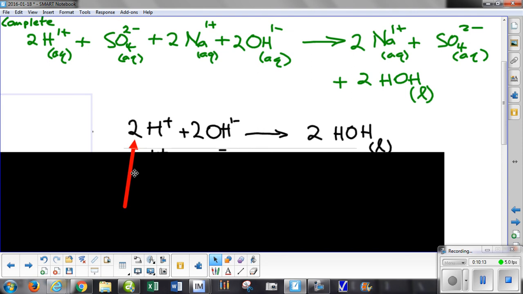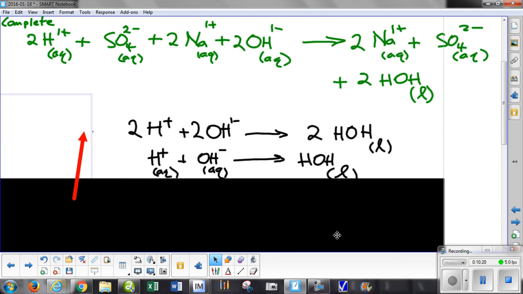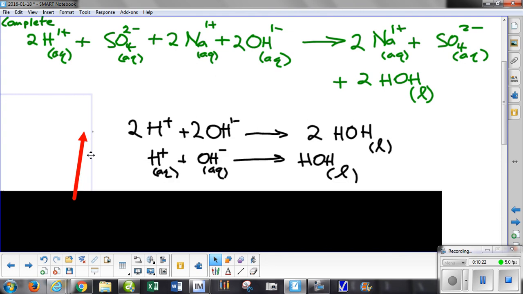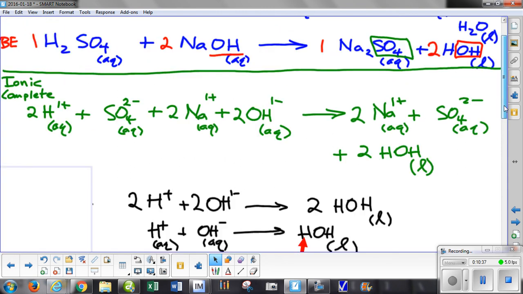And so because I don't have the lowest possible ratio, what can I divide these guys by? 2. Okay, and that makes the final numbers so that we have one hydrogen ion gets together with one hydroxide ion to form one water molecule. That's what's going on with all of this stuff that we had to write.